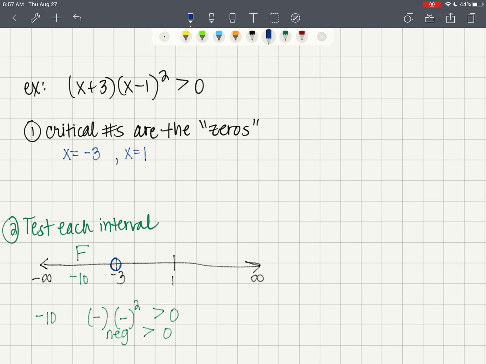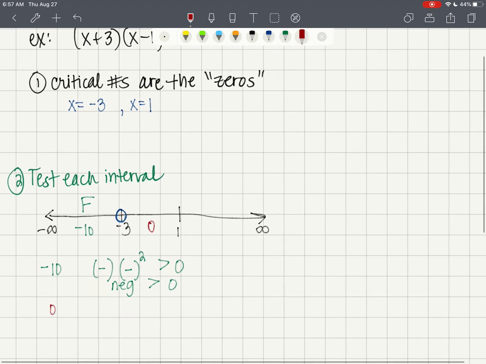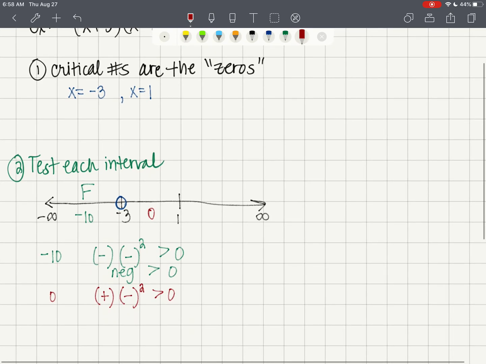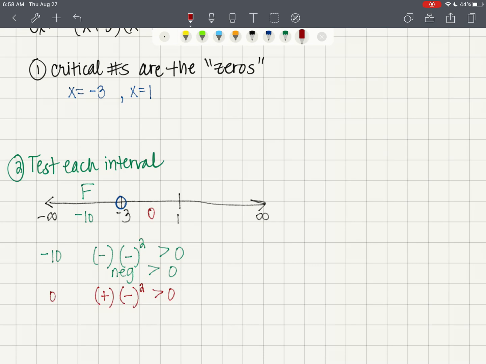Now let's try between -3 and 1. If I try between -3 and 1, I'm going to test maybe the value of 0. When I put a 0 in, 0 plus 3 is positive, 0 minus 1 is negative, and then that value is squared, is greater than 0. Well, a positive times a negative is a positive, and positive numbers are always greater than 0.